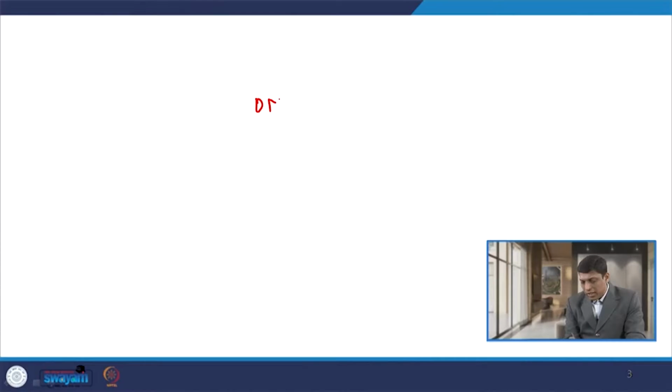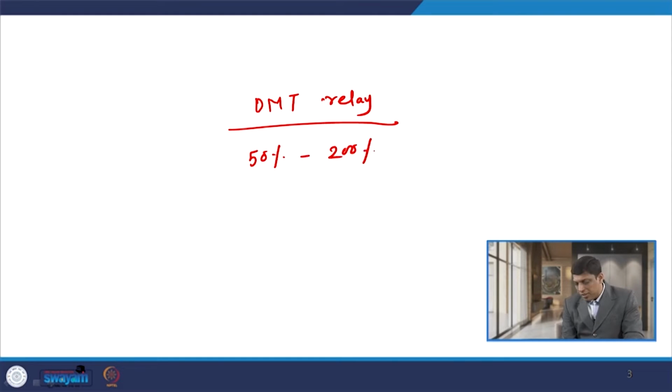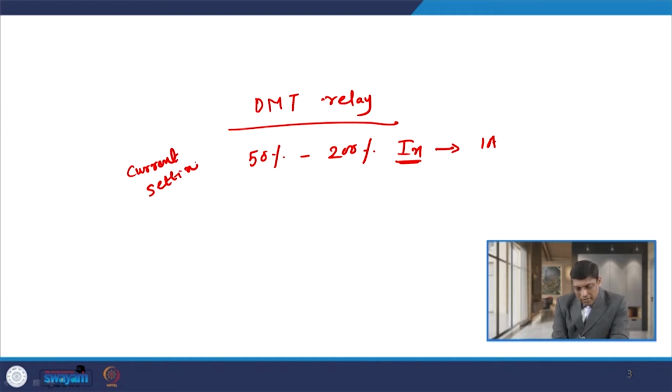The current setting range, as I told you earlier, is normally considered as multiple of pickup current. If I consider the setting range of the definite minimum time overcurrent relay, the DMT relay, it is given from 50% to 200% of the relay rated current IN, let us say 1 ampere.